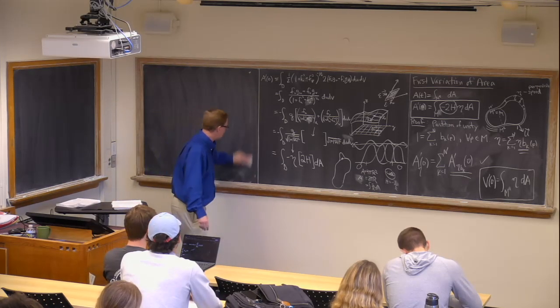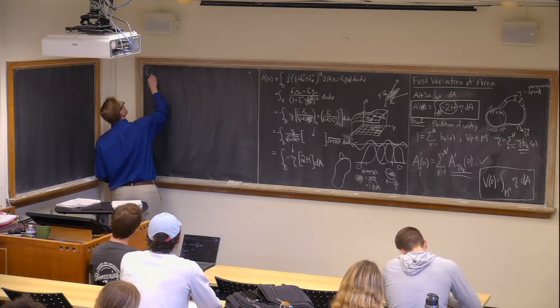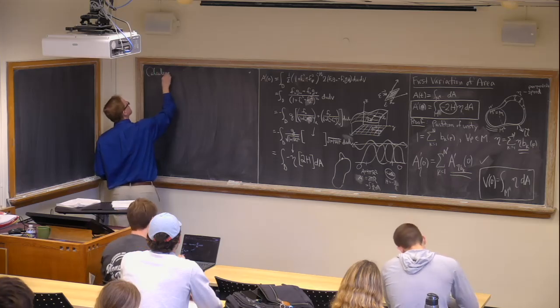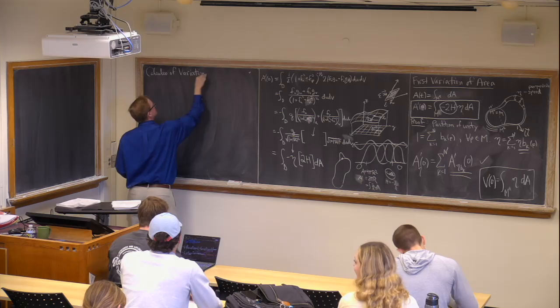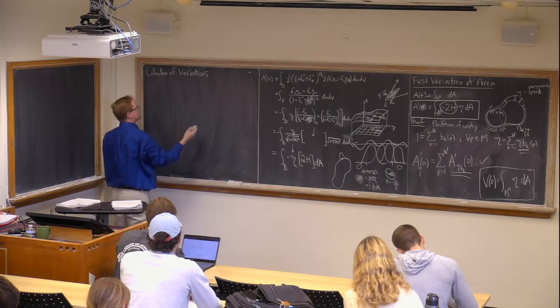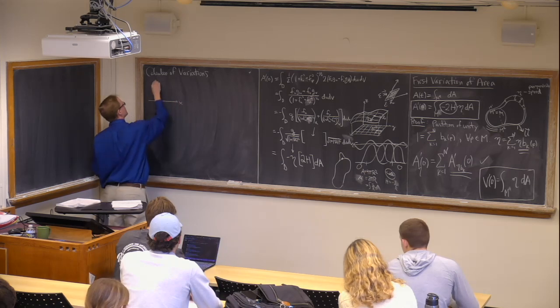It's actually super cool. Let me show you all, first of all, the simplest example of calculus of variations. I love calculus of variations, but imagine you have the xy plane here, right?